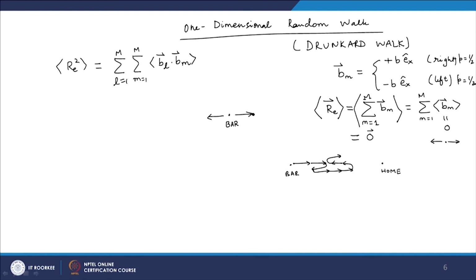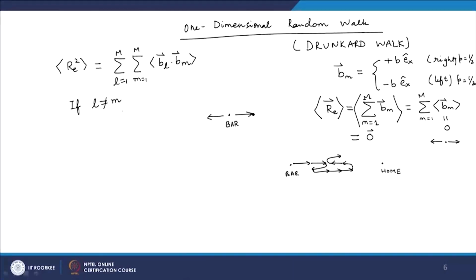And again you can see that if L is not equal to M, BL and BM represent two different segment vectors or step vectors which are completely uncorrelated.